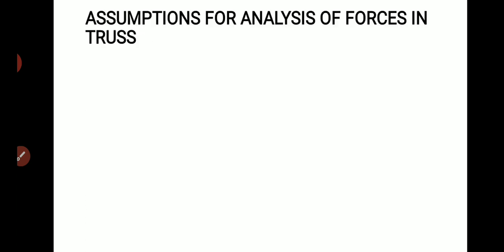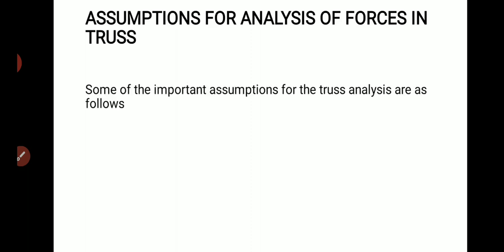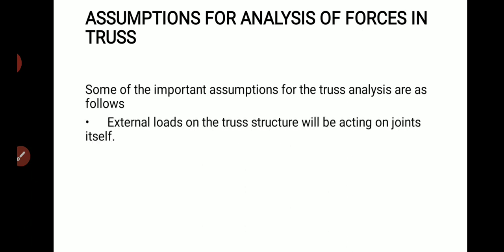Next, coming on to the assumptions for analysis of force in a truss. There are some important assumptions in order to analyze the impact of the external load on the truss. The first and foremost important assumption is that the external load acting on the truss structure acts on the joints itself.